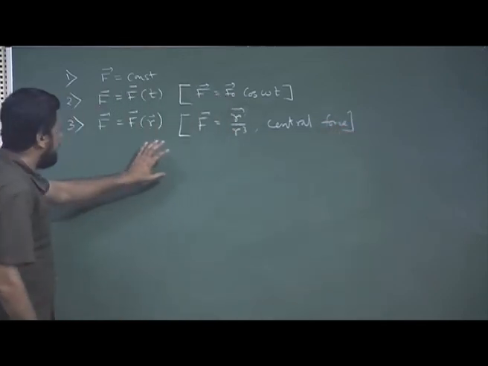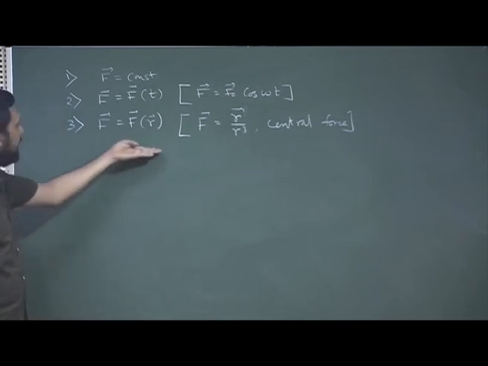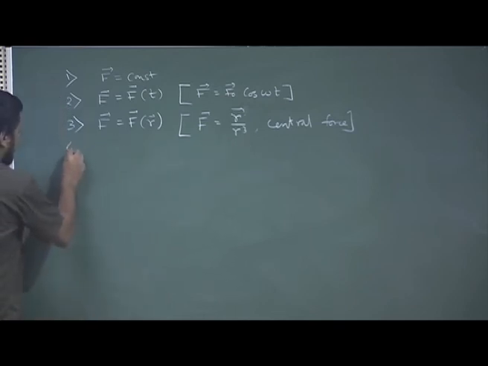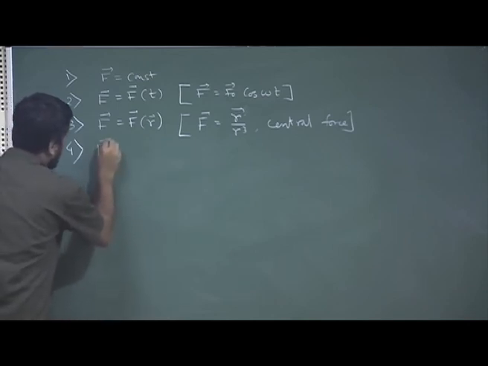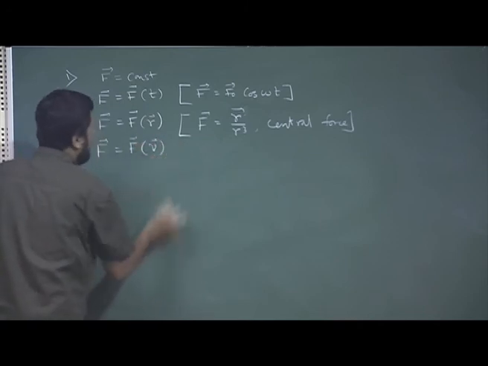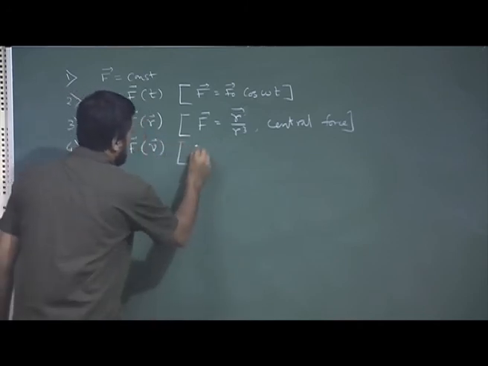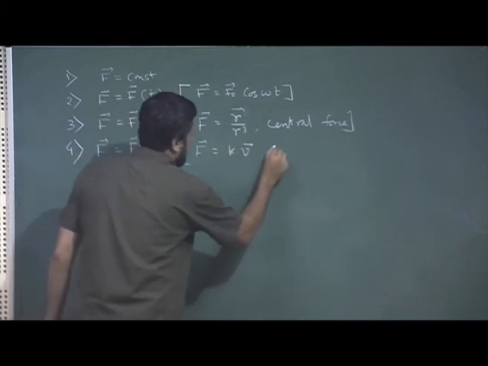We will have a separate chapter on central forces and discuss this force field in good detail. And finally, we can also have a force which is proportional to the velocity. An example of this is the viscous drag force.